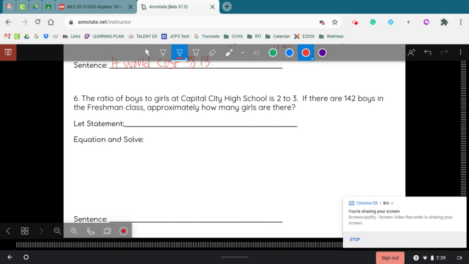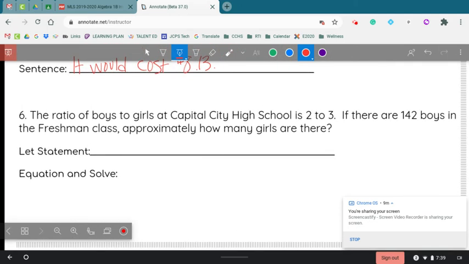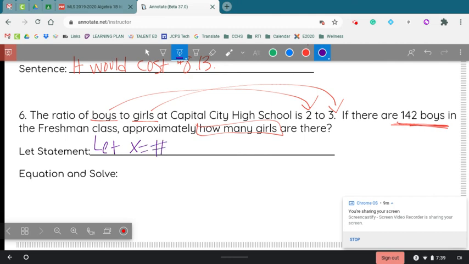Okay, last one. The ratio of boys to girls in a capital city. So you have boys to girls. Boys is 2, girls is 3. If there are 142 boys in the freshman class, approximately how many girls? So let X equal number of girls.